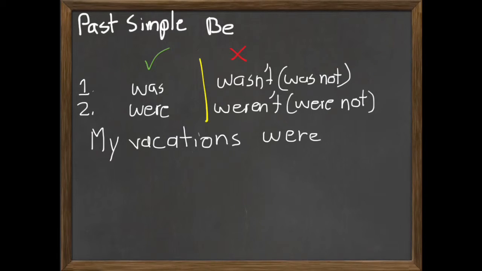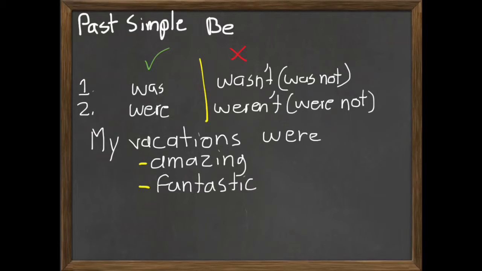Let's look at some examples where we can use this. My vacations were amazing. My vacations were fantastic. They were exciting. They were cool. As you can see, all these are explaining the past state of vacations.